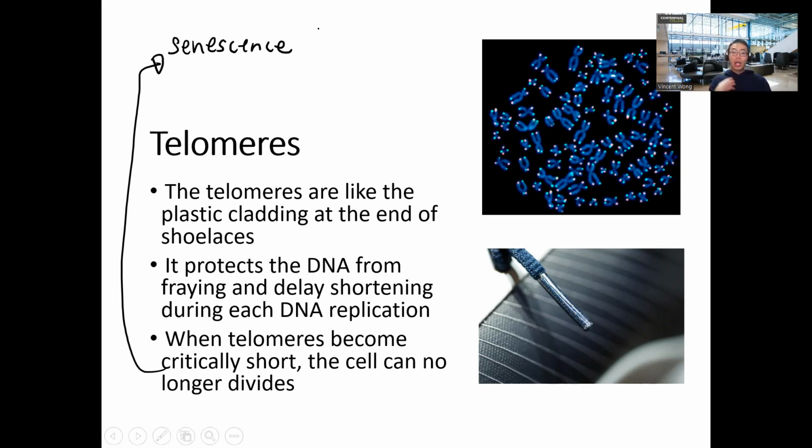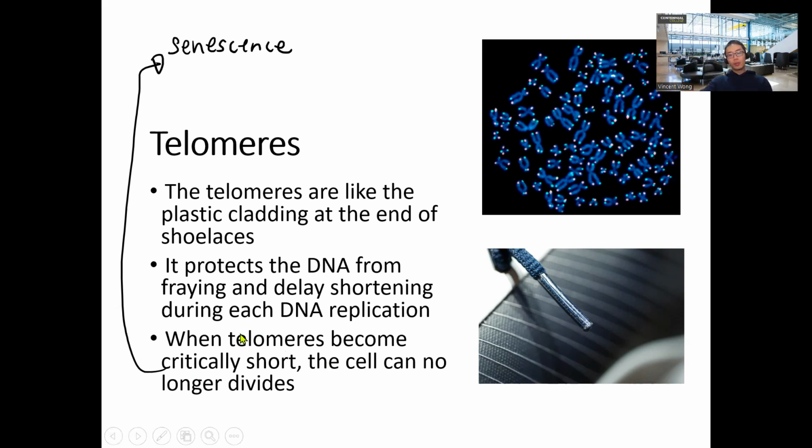When there are a lot of cells in your body that have entered senescence, that causes you to age. So it's part of the aging process. That's one of the theories, anyways. Why do we get old? Why do we have a reduced ability to heal wounds and so on as we get older?